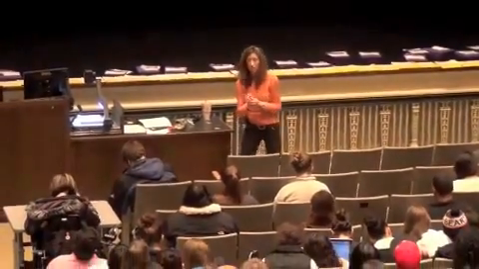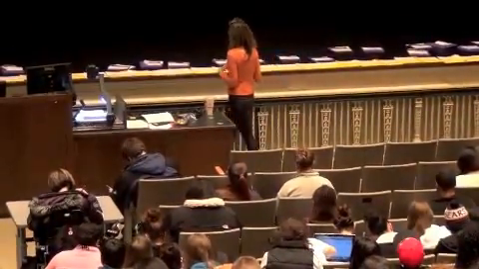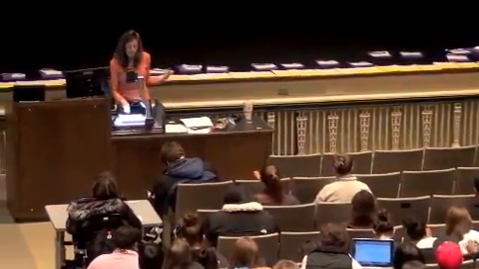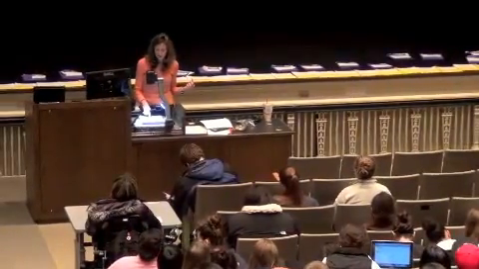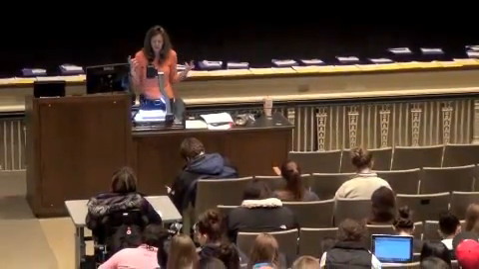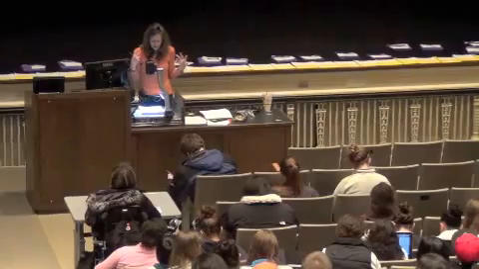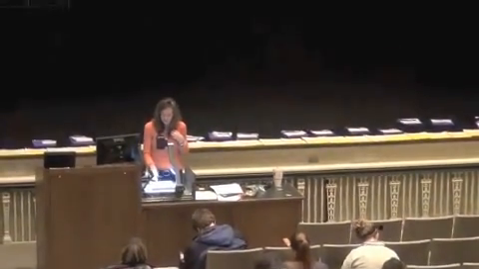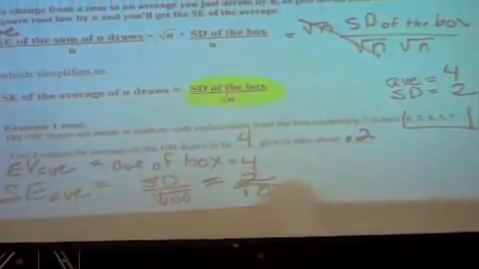You would expect it to be really close to the average of the box, just give or take a little bit. If you got all 7s, the average of your draws would be 7. You couldn't say 7, give or take. The furthest away you could get would be 3 from here. So you can't multiply by 10.